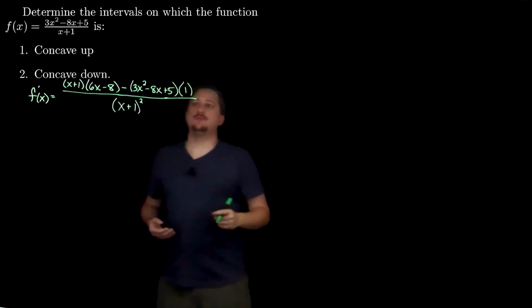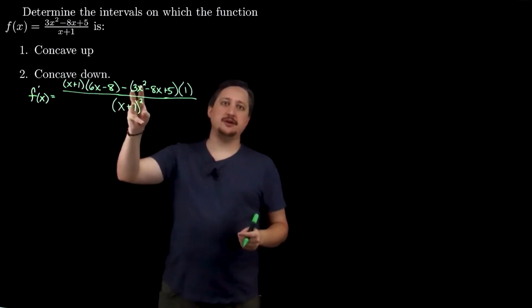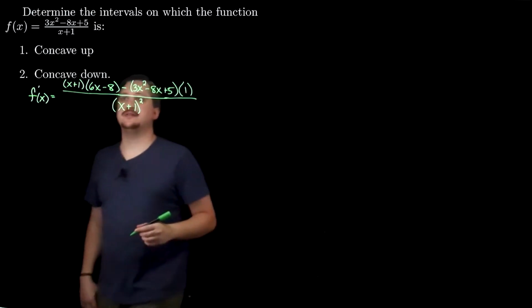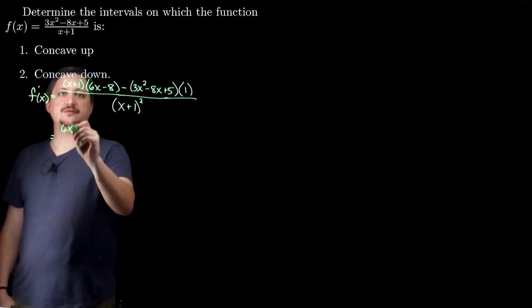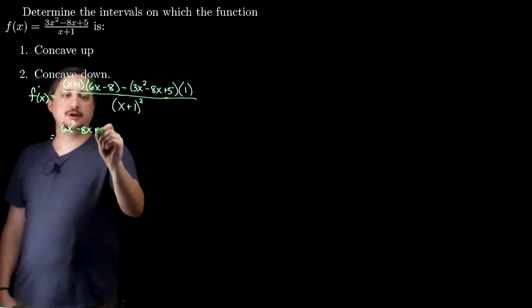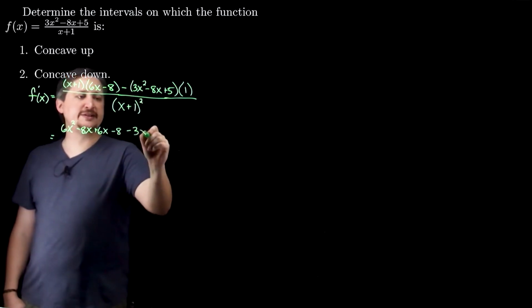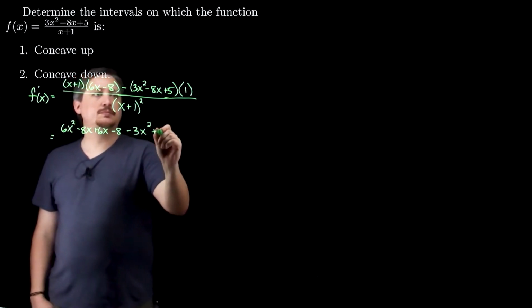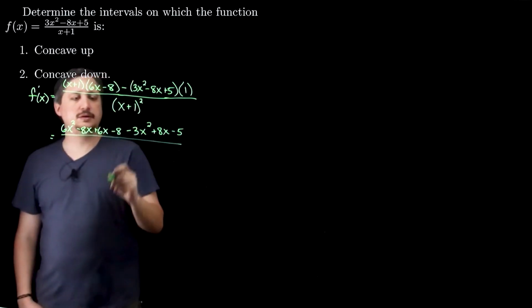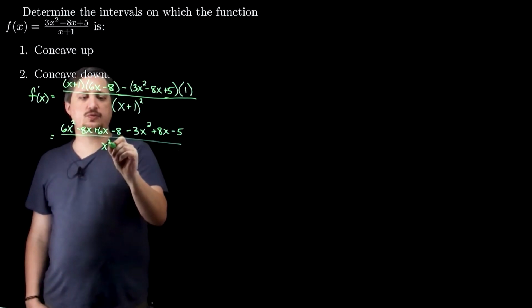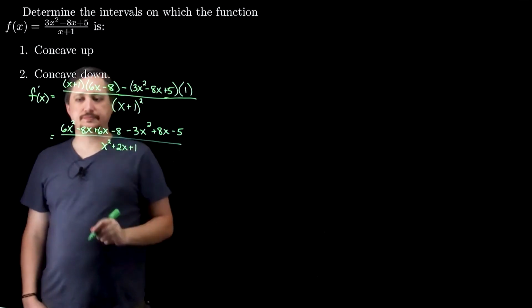Now, I could just jump right to the next derivative, but doing that means I'd have a product rule involved. So instead I'm going to expand this out and combine like terms to make the next step a little easier on myself. So here I'm going to have 6x squared minus 8x plus 6x minus 8. And then distributing the negative, so that's minus 3x squared plus 8x minus 5 all over, and then I could even expand that out, so I get x squared plus 2x plus 1.